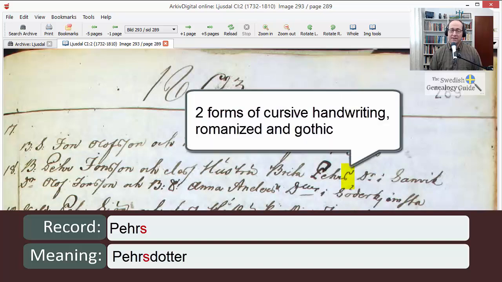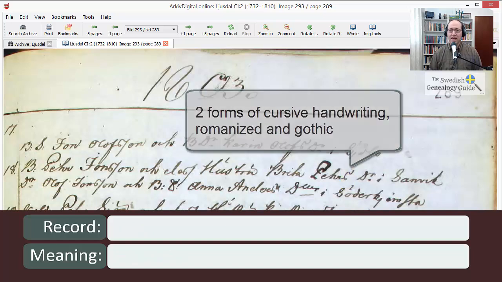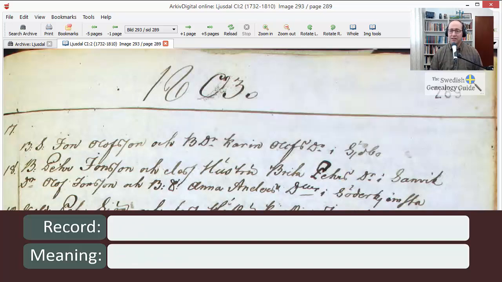You have the romanized handwriting that we're more familiar with today, but then we still have these remnants of the older Gothic form of handwriting. And then the next abbreviation is DR, which stands for dotter. So Persdotter comes together there. The letter I is E, which means at or by. And they are living in Sandvik.